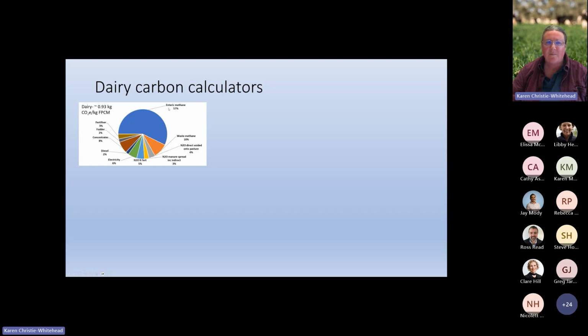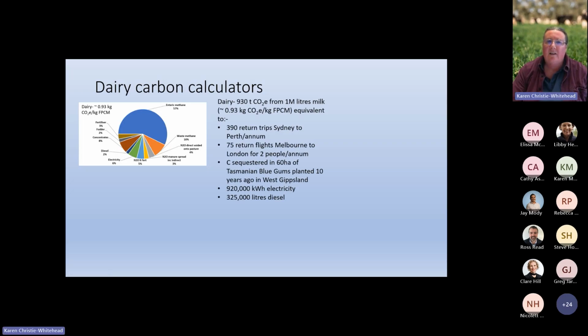And for most farms, it'll sit in that 55 to say 65% of your total farm emissions will be from enteric methane. And then you have your other on-farm sources. So your methane from waste, so that's your dung, your nitrous oxide emissions from the animals and from fertiliser, and then some of your scope 3, electricity, diesel, concentrate and the like.